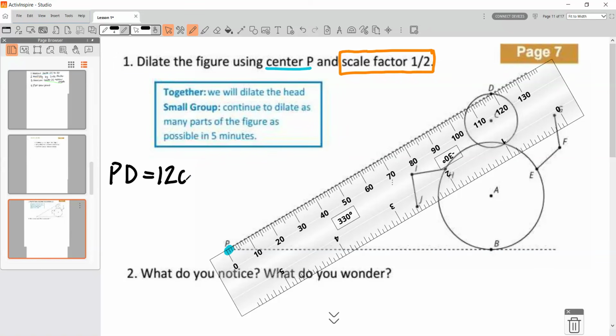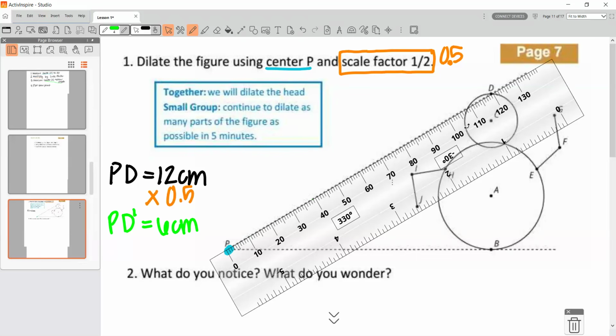Now I need to multiply that by the scale factor, which is 1/2, a decimal of 0.5. So type in 12 times 0.5 in your calculator, or know that half of 12 is 6. So our new length, P to D prime, where P stays in place and D prime is our new point, is going to be 6 centimeters.